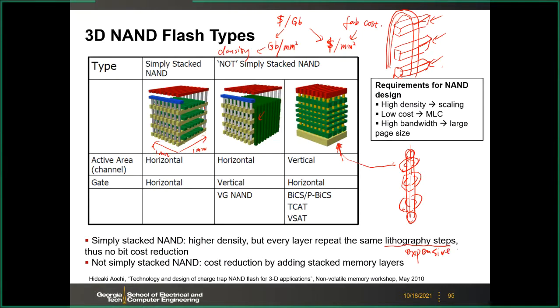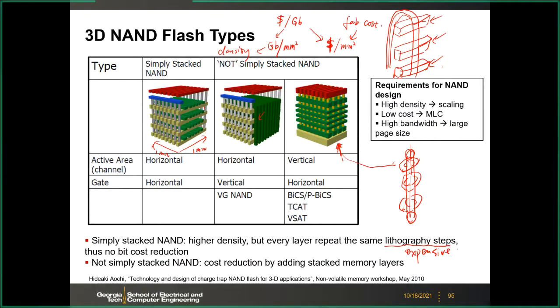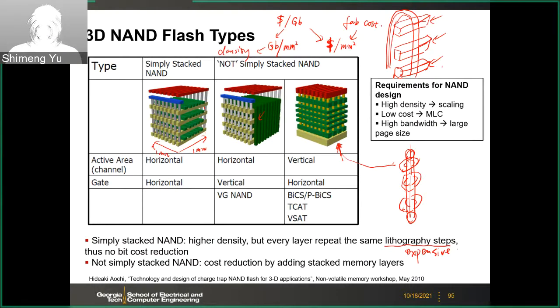If you do it layer by layer, if you have n layers, you have to repeat the lithography n times. Therefore, the dollar will increase linearly with the number of layers. So you will not save the dollar, because if you stack more layers, you need to repeat more fabrication steps. You only save the silicon wafer, the substrate cost. But all the fabrication cost will be added up if you do this simply repeated process.